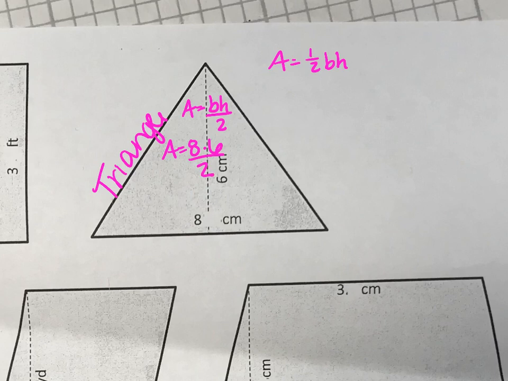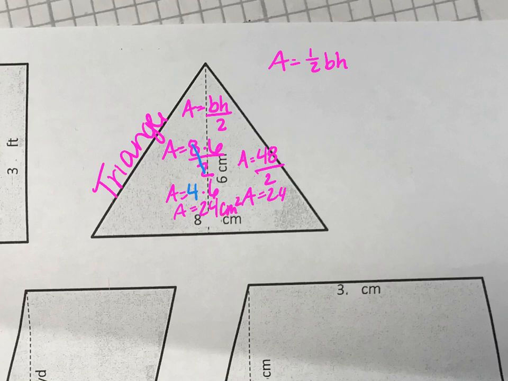So I told you that you can simplify that, and 8 divided by 2 is 4. So 4 times 6 is 24. Or we could have left it. We could have said 8 times 6 is 48. 48 divided by 2 is still that 24.